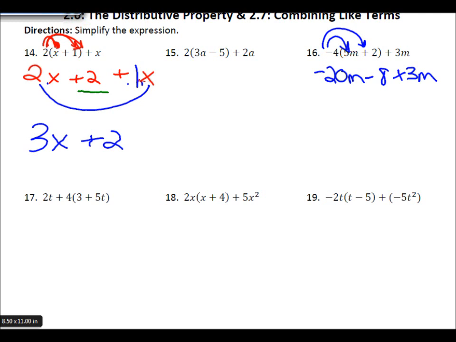Now when I look for like terms, negative 20m and positive 3m are like terms. So I'm going to add those together. I'm going to do negative 20m plus 3m to be negative 17m. My minus 8 here does not have any other like terms, so we're going to leave it minus 8.